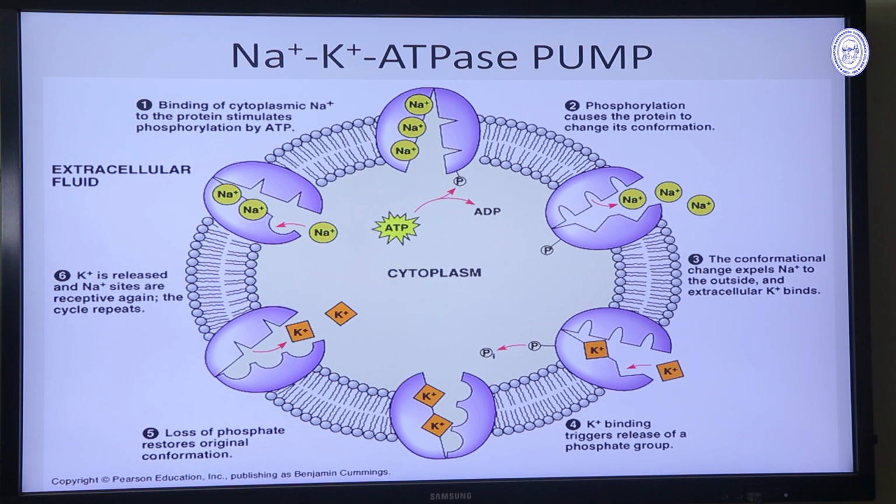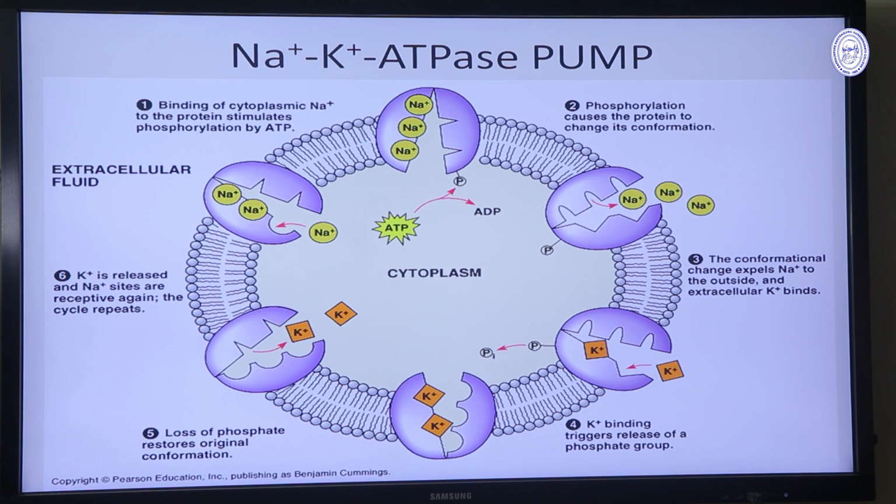In this open condition, 3 sodium ions get bound to this protein upon phosphorylation by an ATP molecule. You can see that ATP is converted into ADP and the phosphate gets attached, phosphorylating the pump system.